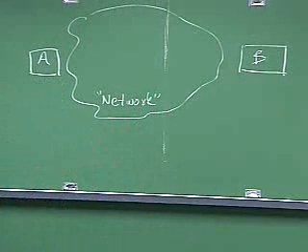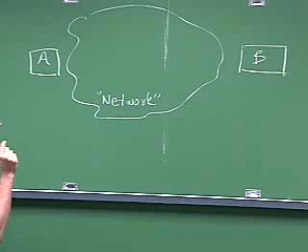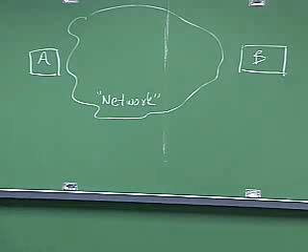Now, this network could be of any form. The internet is one particular example of a network. But all networks rely on protocols to manage any kinds of sharing of information. So these protocols operate at all the different layers that we spoke about last lecture.